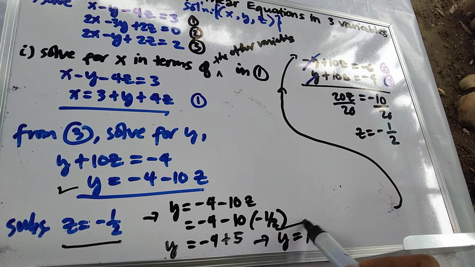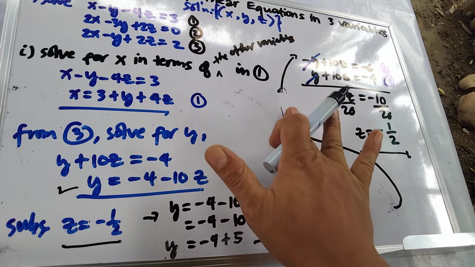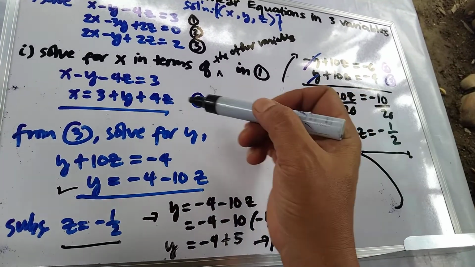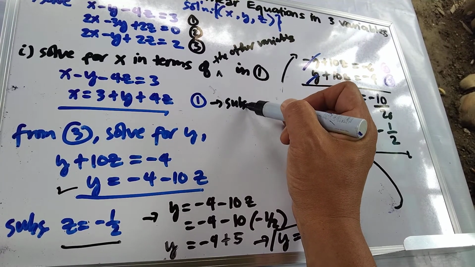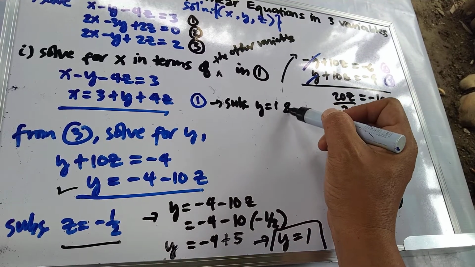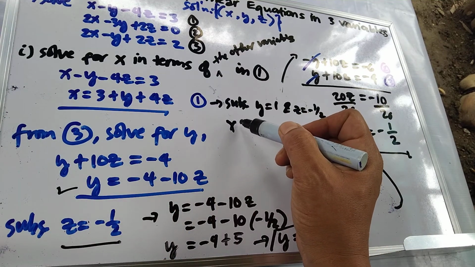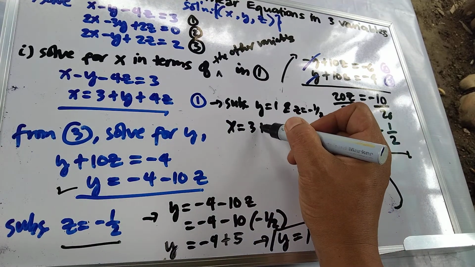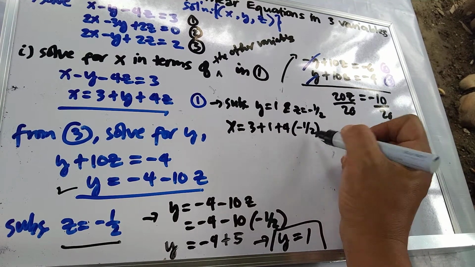Okay? We have y, we have z. What is lacking? x. Let's solve for x using equation 1. Substitute y is equal to 1 and z is equal to negative 1 half into equation number 1. So you have x is equal to 3 plus the value of y, 1, plus 4 times z, which is negative 1 half.